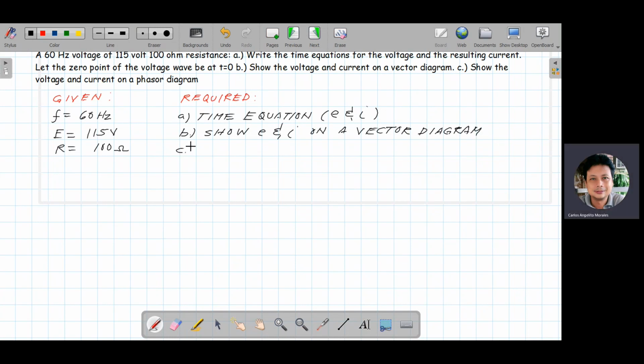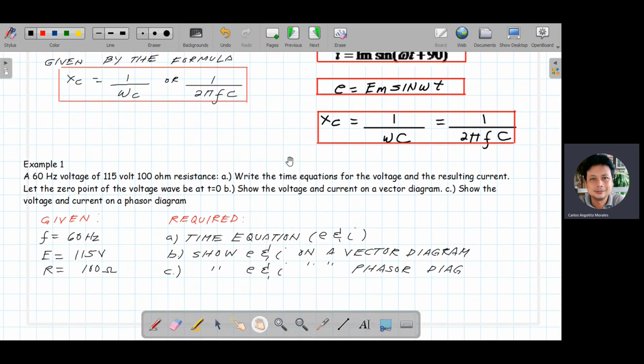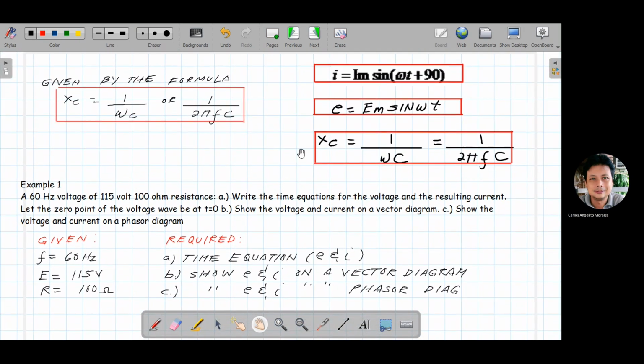Letter C, phasor diagram. Balik natin sa ayos.